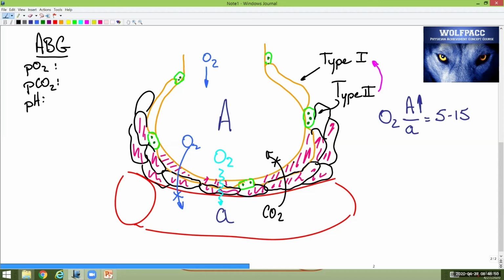So, Munir, PO2, what's going to happen to it again? PO2 would decrease. Yeah, exactly. Awesome. I agree 110% with you. CO2? Would decrease. Decrease or increase? What did you tell me before?